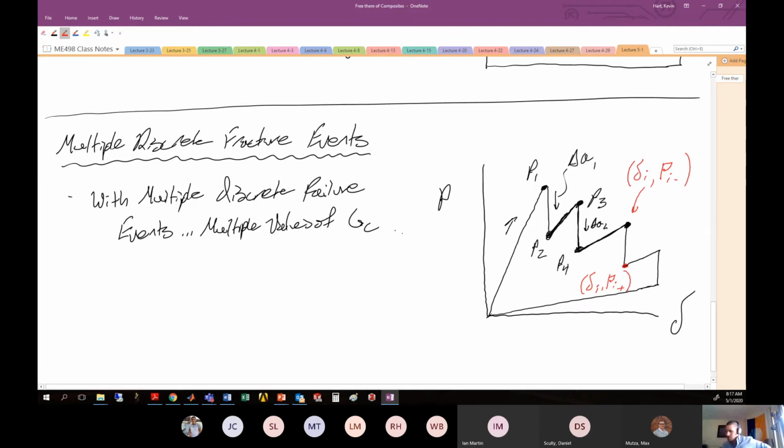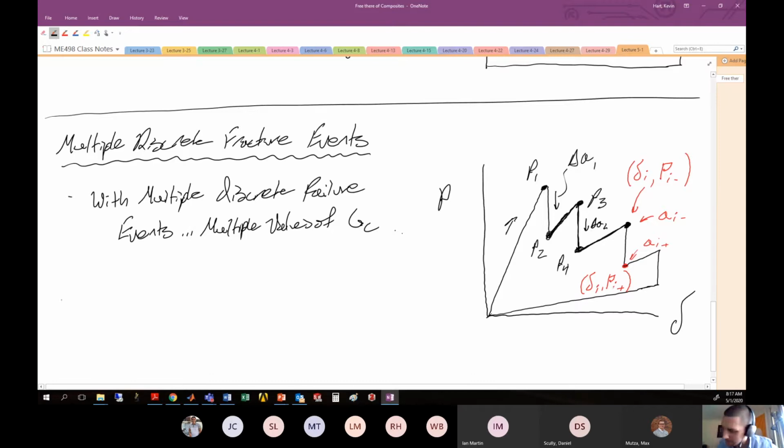And since we're in displacement control, this displacement value doesn't change. It's delta i for both points. We're assuming that it has the same crosshead displacement on the sample as we're loading it. We're just changing the load because of the fracture event that's occurred. All right. Right before this, we also have a crack length, which is ai minus. And here we have a crack length of ai plus.